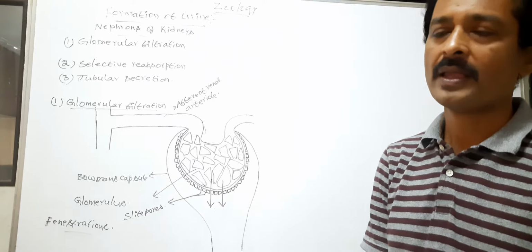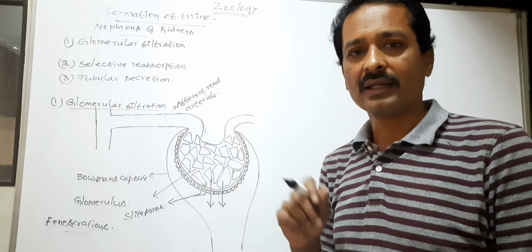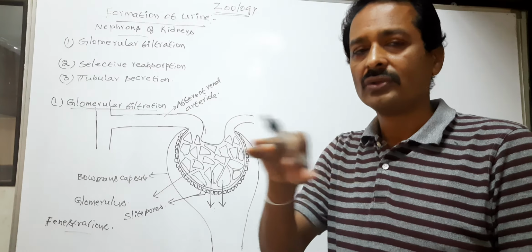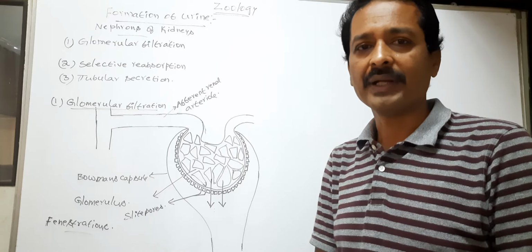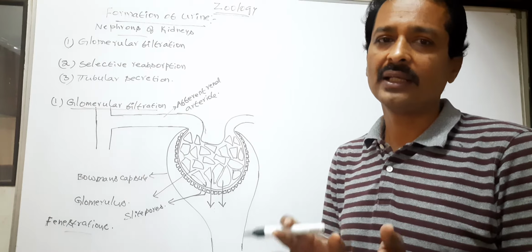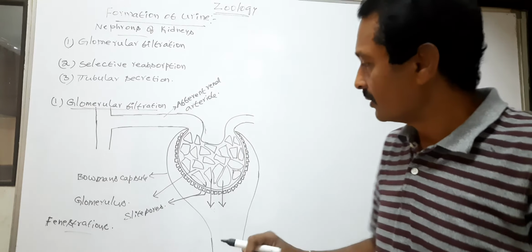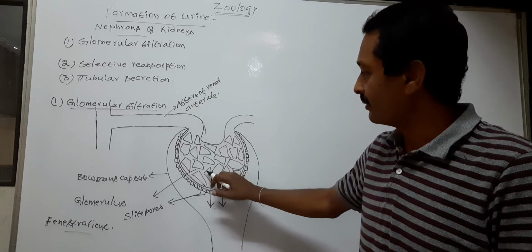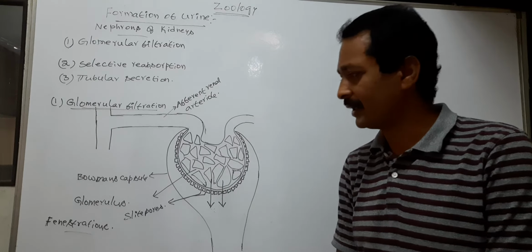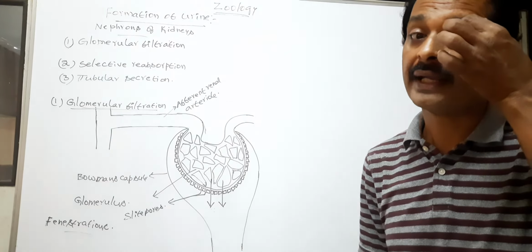For example, we filter tea or coffee through a small porous filtration membrane. In the same way, the blood filtered from the glomerulus into the lumen of the Bowman's capsule also requires a porous filtration membrane.